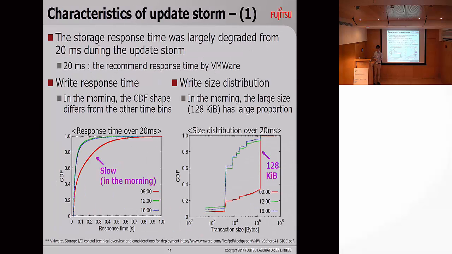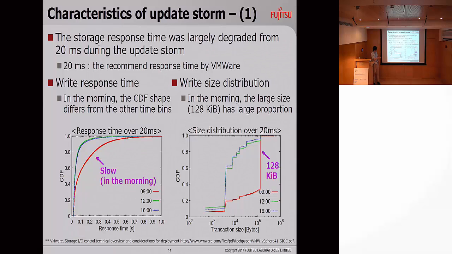Next, I'd like to present the characteristics of the update storm. The storage response time was largely degraded from 20 milliseconds during the storm. The 20 milliseconds is the response time recommended by VMware, just as reference data. Please look at this graph. This graph indicates the CDF of the write response time.